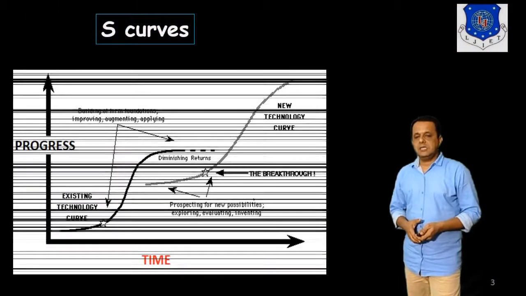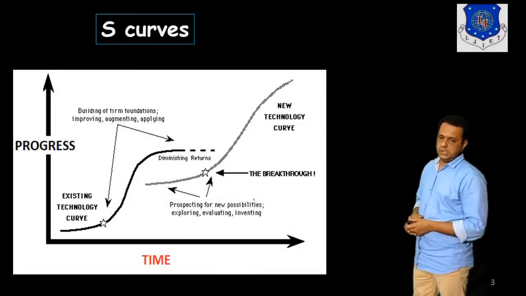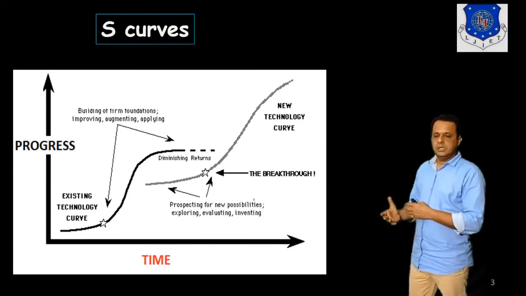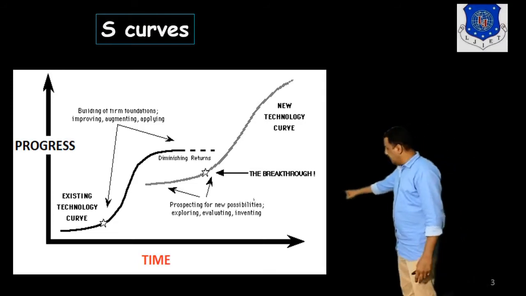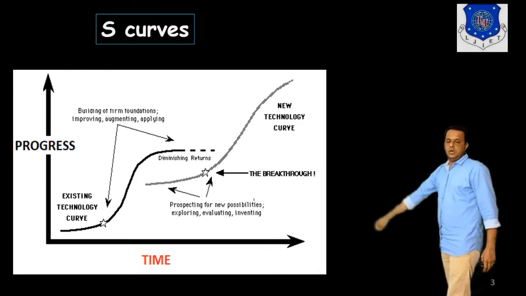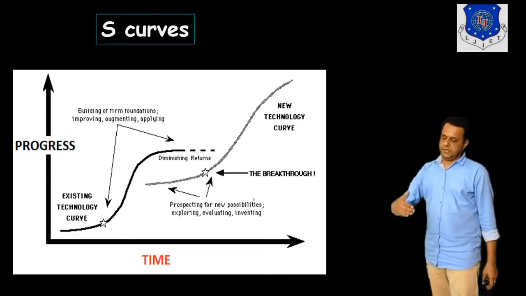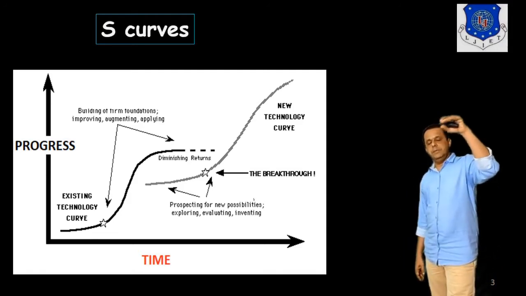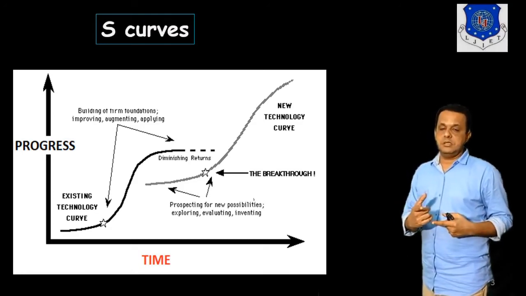So S-curve, here you see one graph I have shown, the progress versus time, of the existing technology. The existing technology curve is initially a very small slope, and then a steep slope, and again diminishing, and again new technology comes into existence.